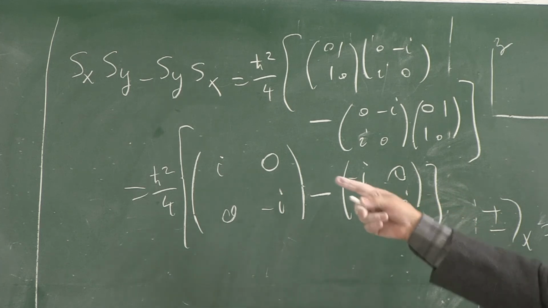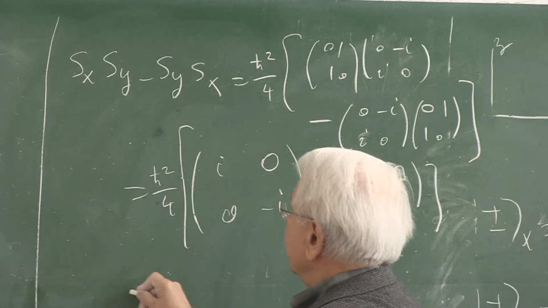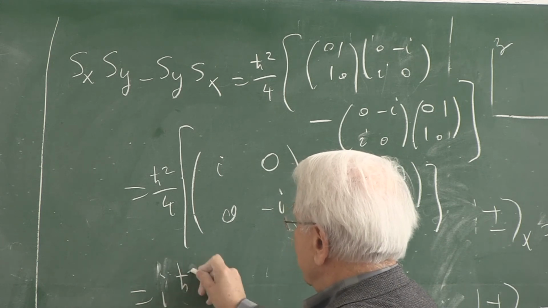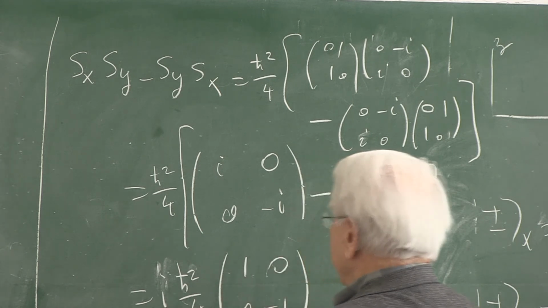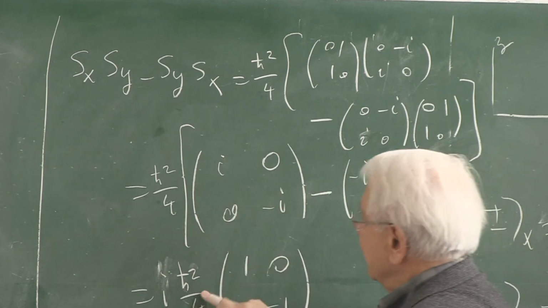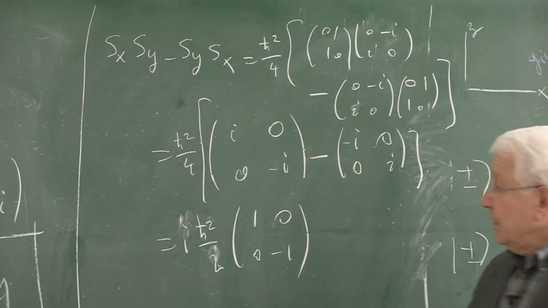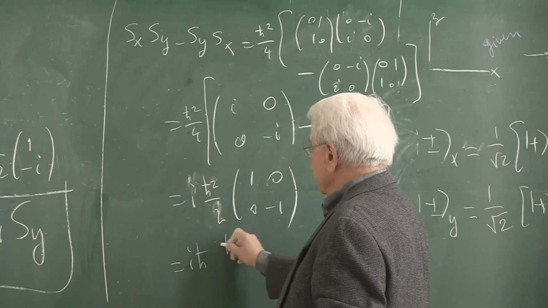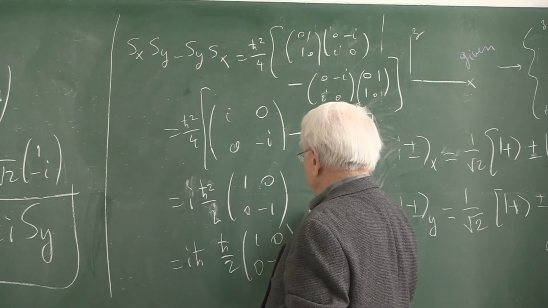Take the difference, you get 2 i's, or take the 2i out, write it as i times h bar squared over 4, 1, 0, 0, minus 1. Sorry, there is a 2 out, so h bar squared over 2. You can write it further as i times h bar over 2, 1, 0, 0, minus 1.